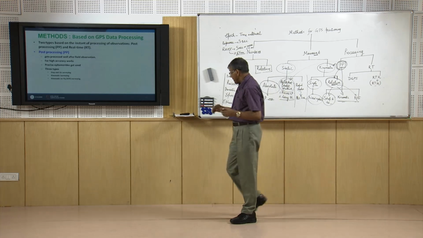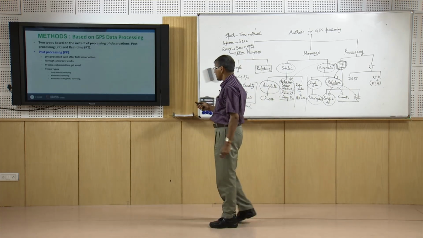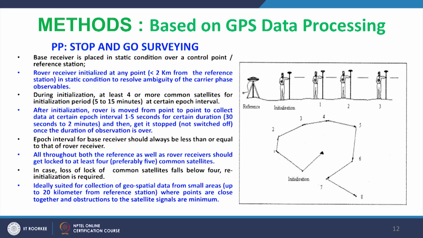In the stop and go method of GPS surveying, we need to place the reference receiver in a static manner, and then the kinematic one we first place at any point. It may be any point, but it should be within 2 kilometers of the reference station, so that both of them have signals from at least 4 identical satellites, preferably 5 or more.